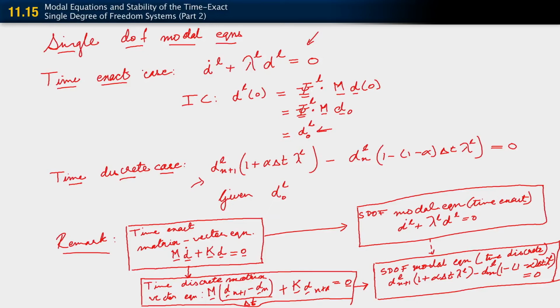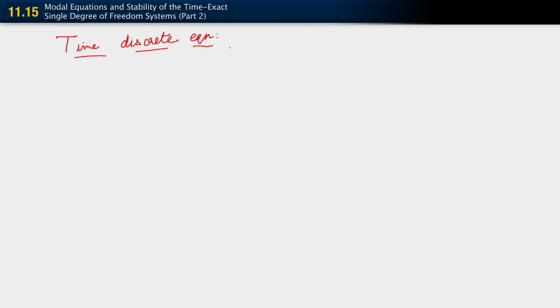Okay, so I'm going to rewrite it using the same notation that we are now following, which is to drop the modal index L, and instead for lambda bring back the superscript h. So the time discrete case using this notation is the following.